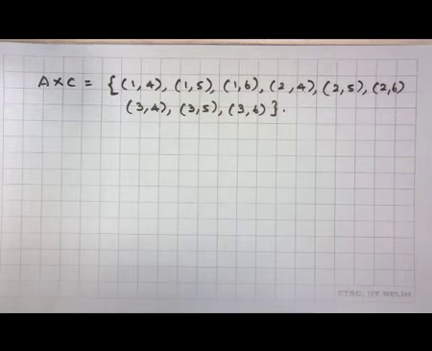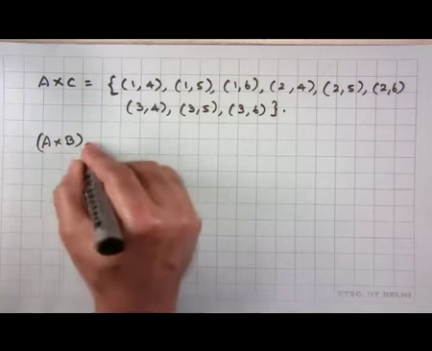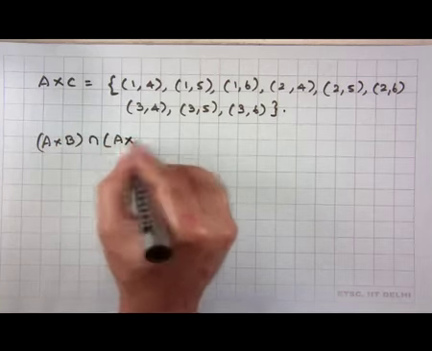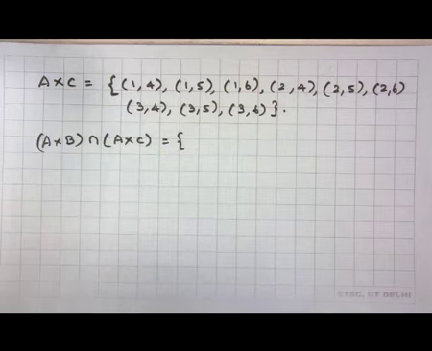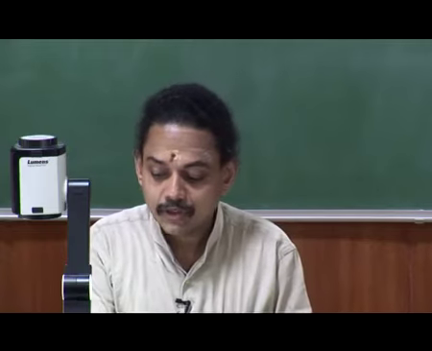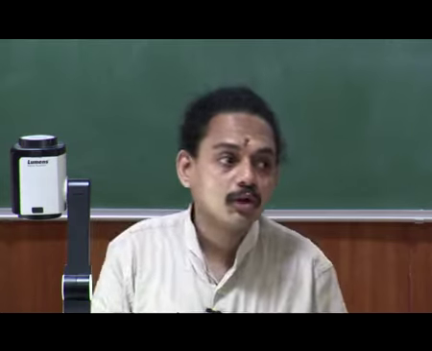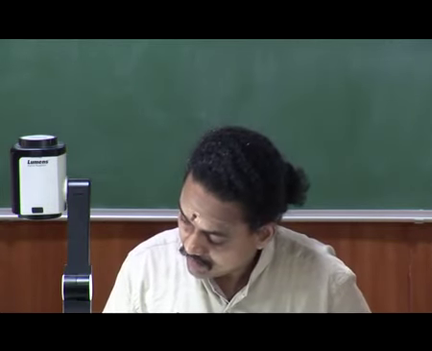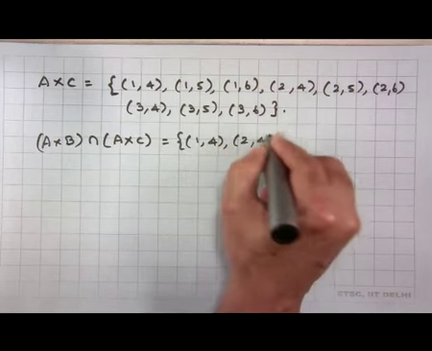Now, let us try to calculate (A cross B) intersection (A cross C). If you look back at what we wrote down for A cross B, then you will notice that elements of the form (3, 4), (1, 4), (2, 4) are there. (1, 4), (2, 4) and (3, 4).